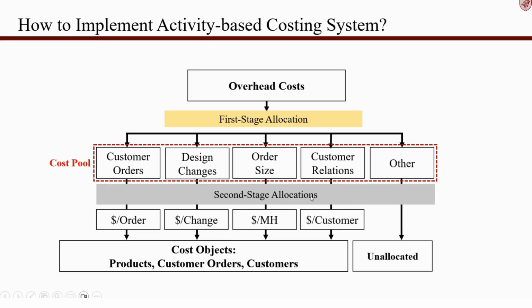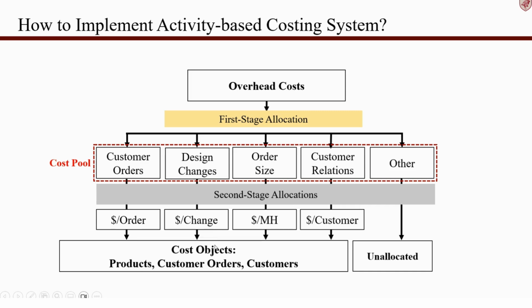Under the second stage allocation, we are interested in using a specific activity rate for different activity cost pools, right? For example, for the cost of customer orders, let's say that would vary with how many orders are issued by different customers. Then we can probably allocate based on the number of orders for different types of cost objects. Right?